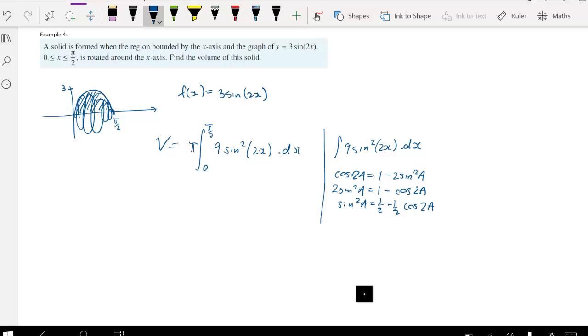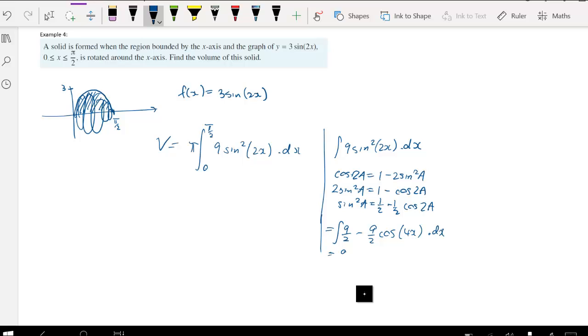And that means that our integral up here will be the integral of 9 on 2 subtract 9 on 2 cos 2a, where a is 2x, so that will be cos 4x with respect to x.